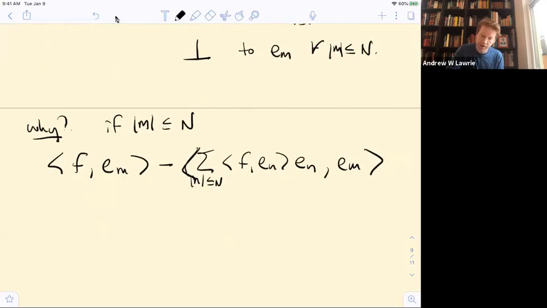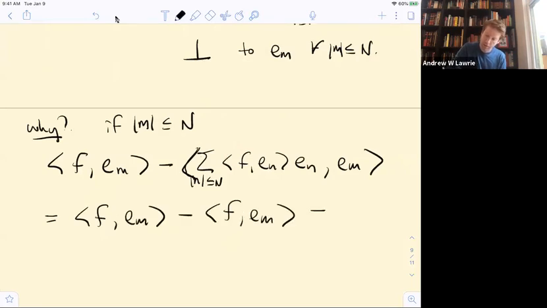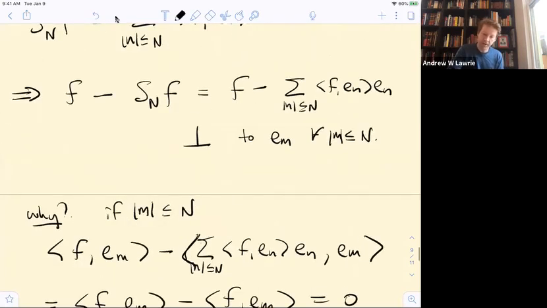These are all orthogonal to each other. So I only pick up a 1 when n is equal to m, and then I'm just left with that coefficient there, which is f paired with e_m. So this is equal to 0. So this whole object is perpendicular to e_m.